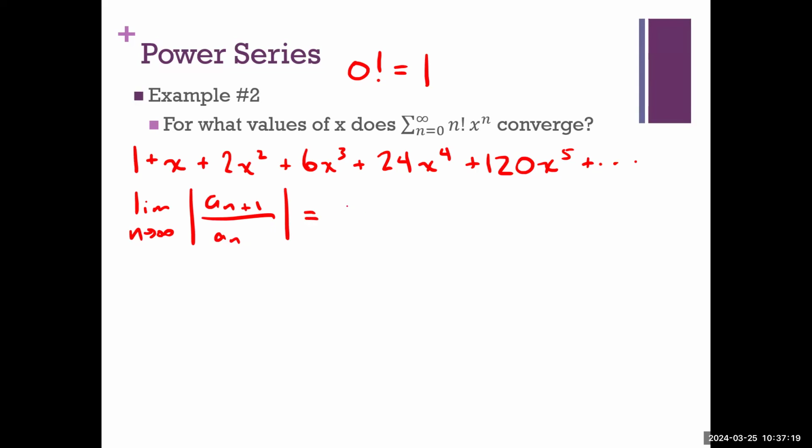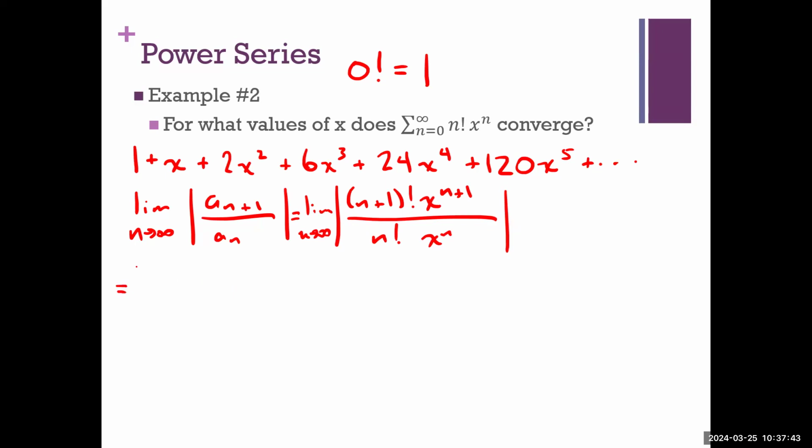All right, what do these terms look like? n plus 1 factorial times x to the n plus 1, over n factorial x to the n.